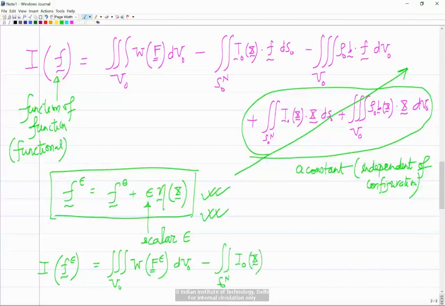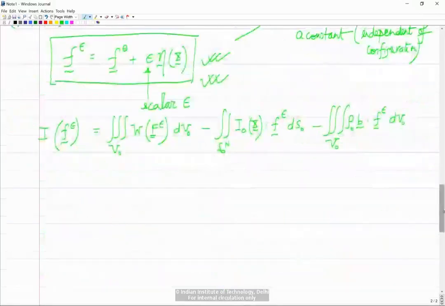This does not change because it is independent of epsilon. Dot F epsilon dS naught minus V naught rho naught B, and B is also independent of configuration, so this will not change when you perturb this. Dot F epsilon dV naught.